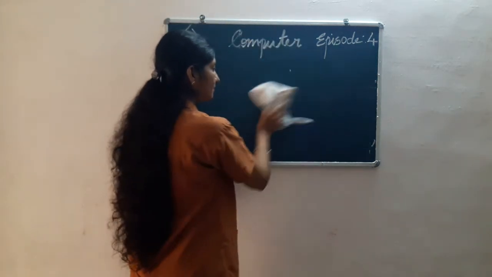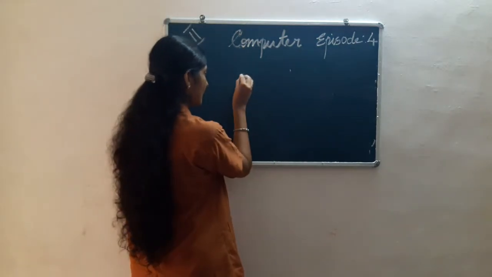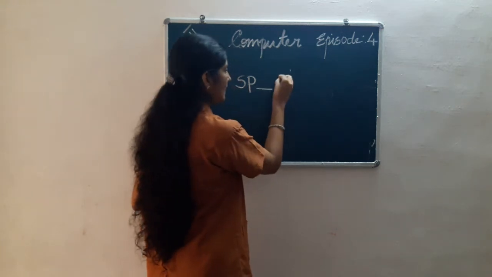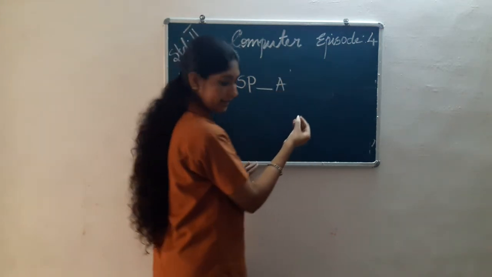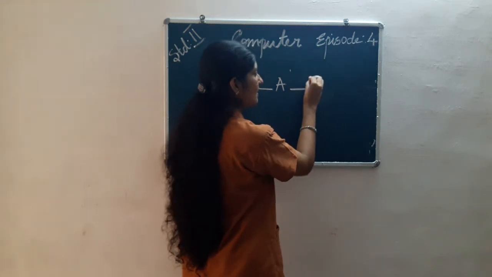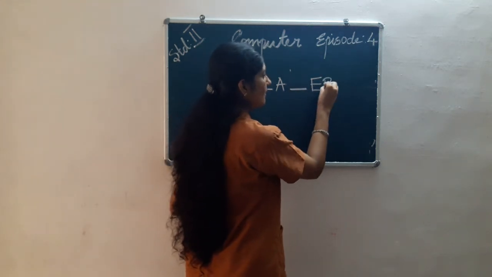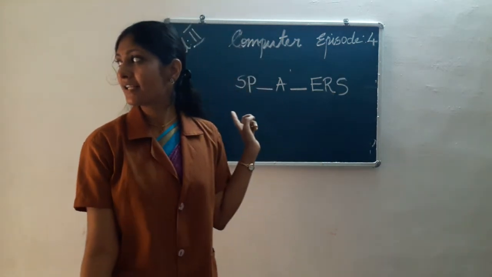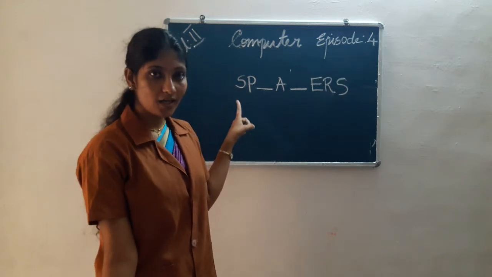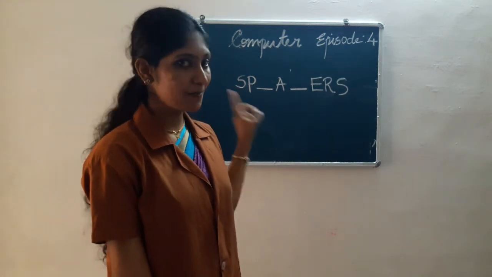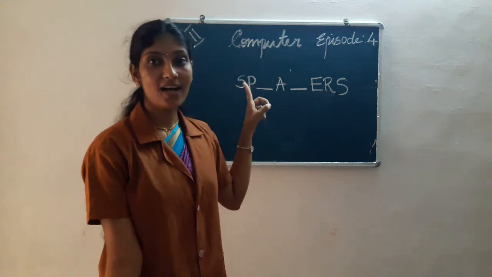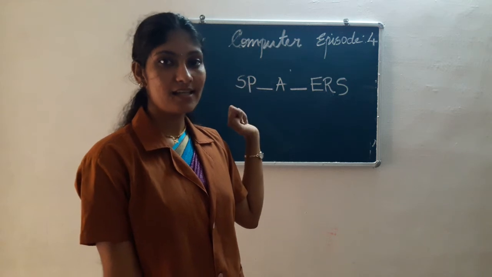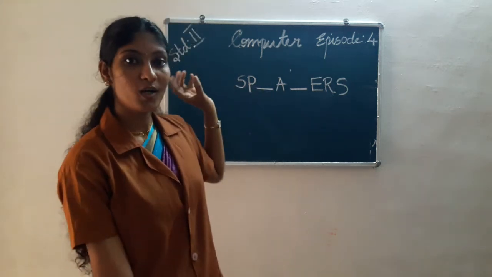First, S, P, then there is a dash, then A, then after that there is a missing letter, and E, R, S. Which are the missing letters here? The word starting from SP. Can you identify what the word is?